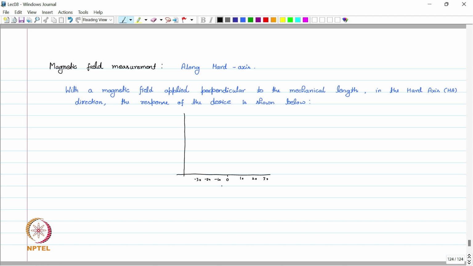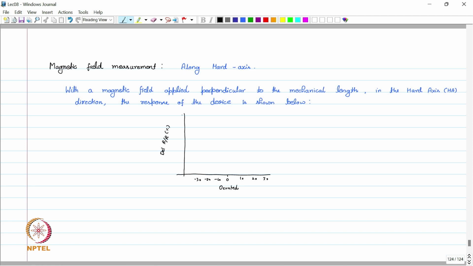This axis is, let's say, given in oersted, and on the y-axis we have delta R by R, in percentage.